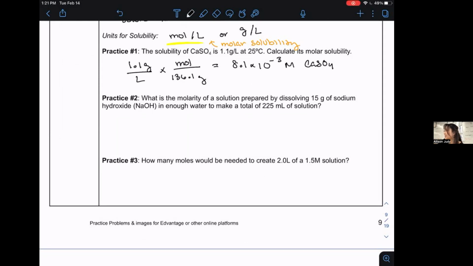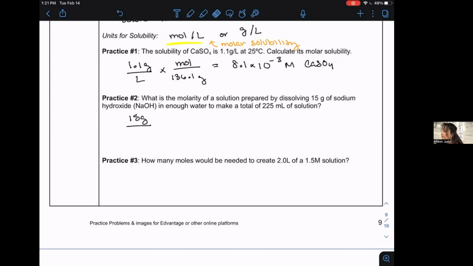What's your guess? I would assume we have to take the 15 grams over 0.225 liters and then multiply it by 1 mole over the molar mass of sodium hydroxide, which is 35. Yeah, so let's just pause for a second. Malcolm's thinking is right.